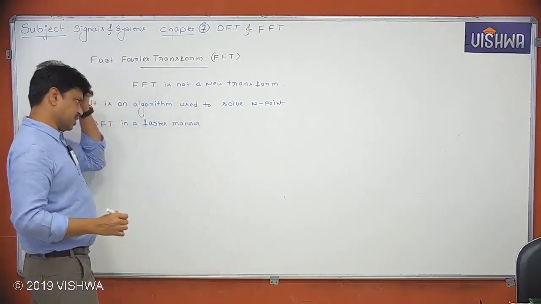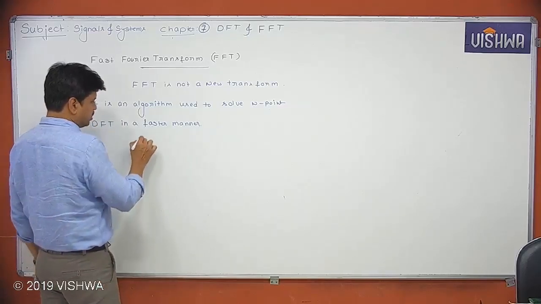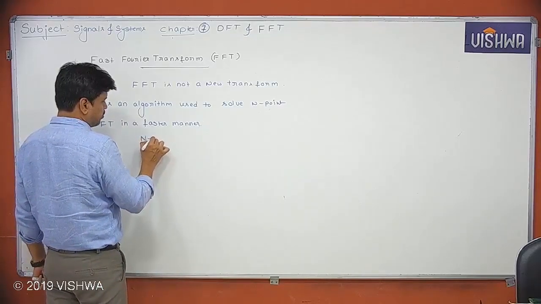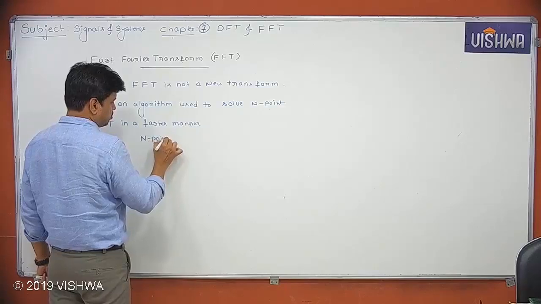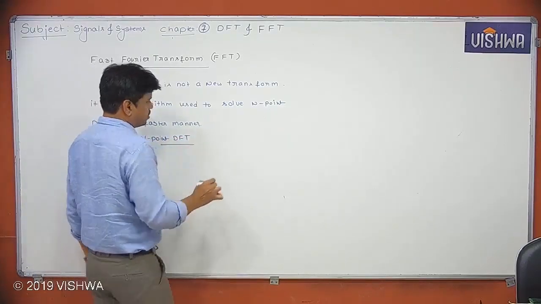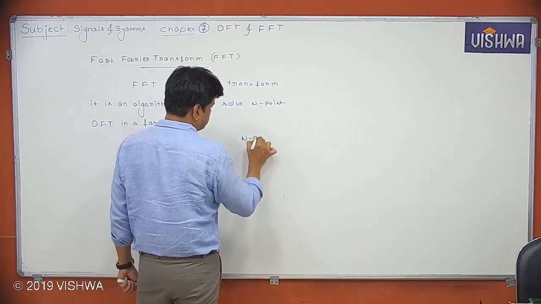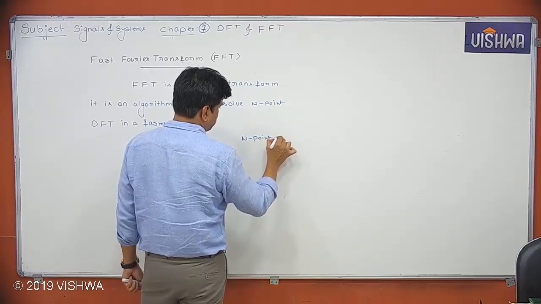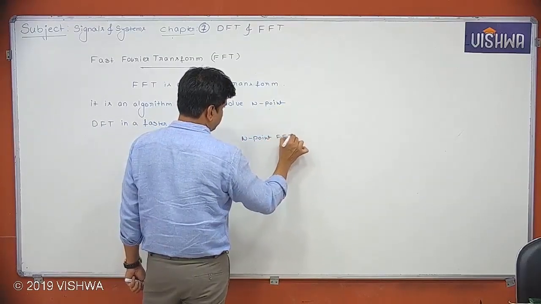How much faster is it? Suppose I take N-point DFT and N-point FFT. This is a formula you have to remember.